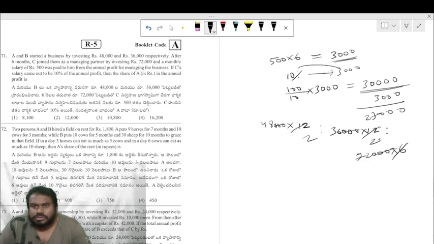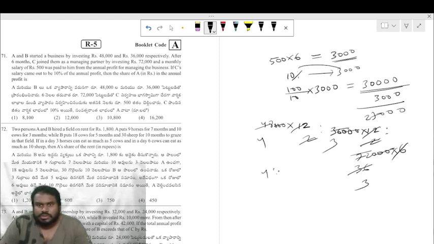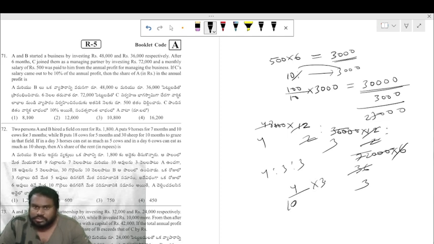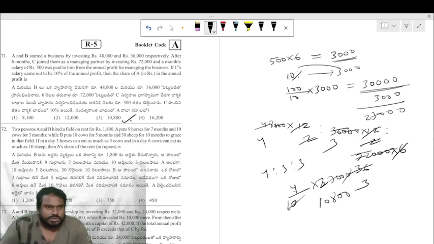So 4, 3, 3. The total is 27,000 and 4 parts will be given to A, so 0 gets cancelled. 27 fours are 108, so 10,800. This is the answer.